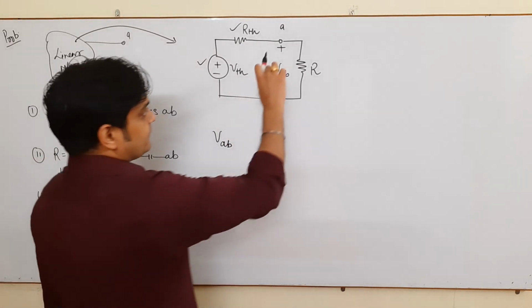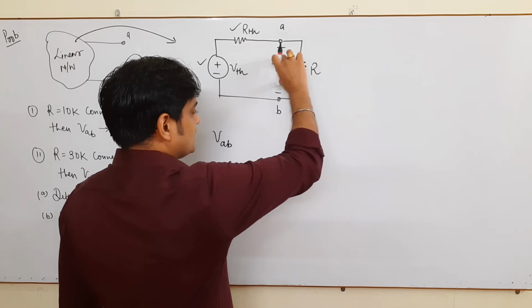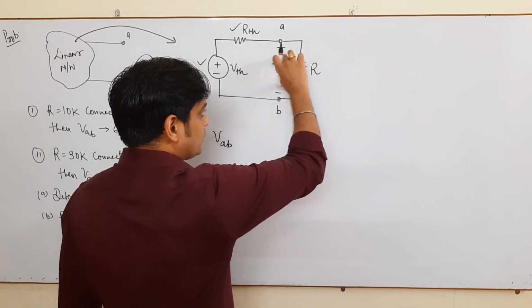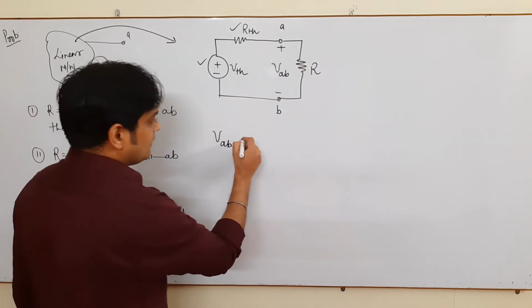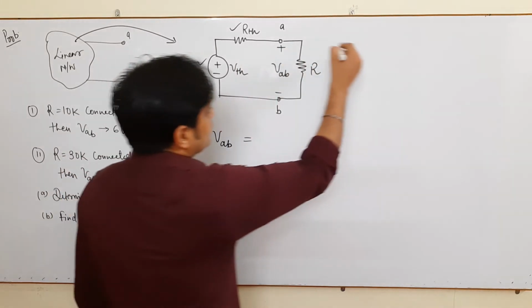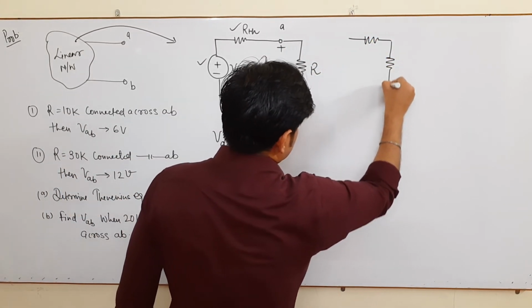How is it possible? See, VAB, the voltage appearing across this resistance R. Okay, so can you find VAB by the voltage division rule? Yes. I will redraw this network. It is some kind of this structure.